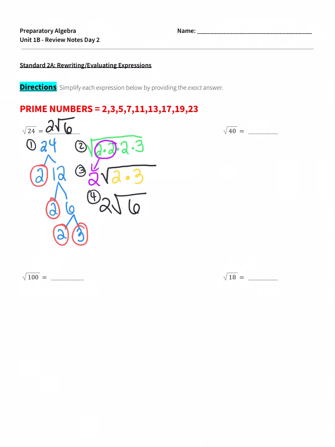First, we know that we have 4 times 10 is equal to 40. I want you now to pause the video and think of 2 numbers that you multiply to make 4 and 2 numbers you multiply to make 10.